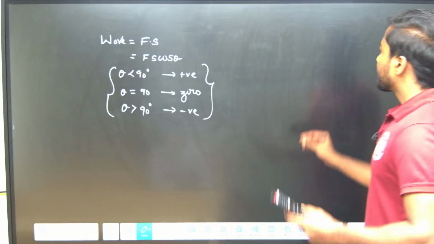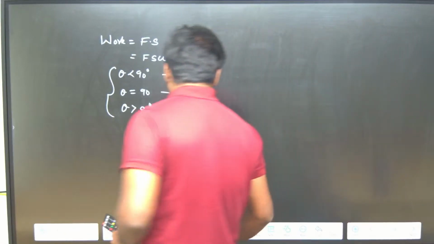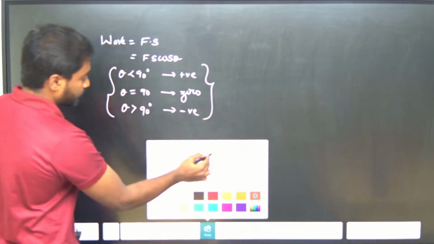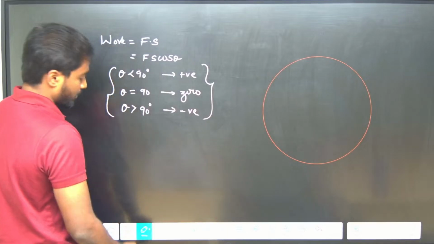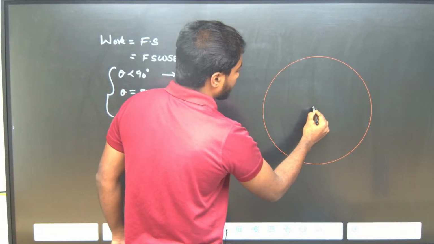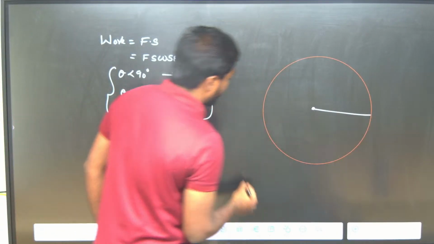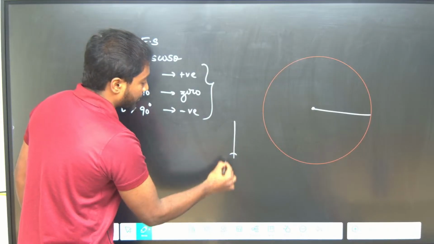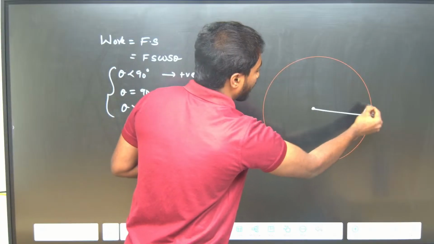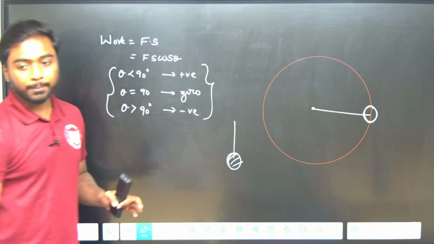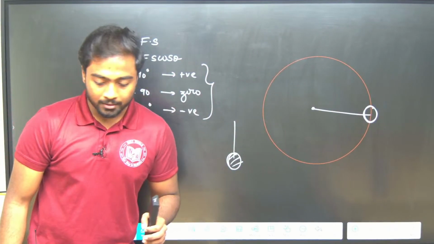I'll give an example. Let me take a circular path: I have taken a string tied to a ball, and I start rotating the ball. It will rotate in a circular path. What is the work done here?